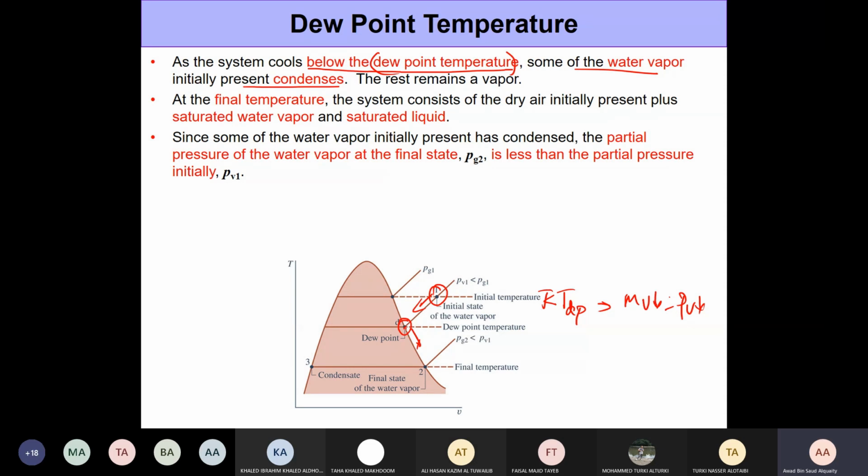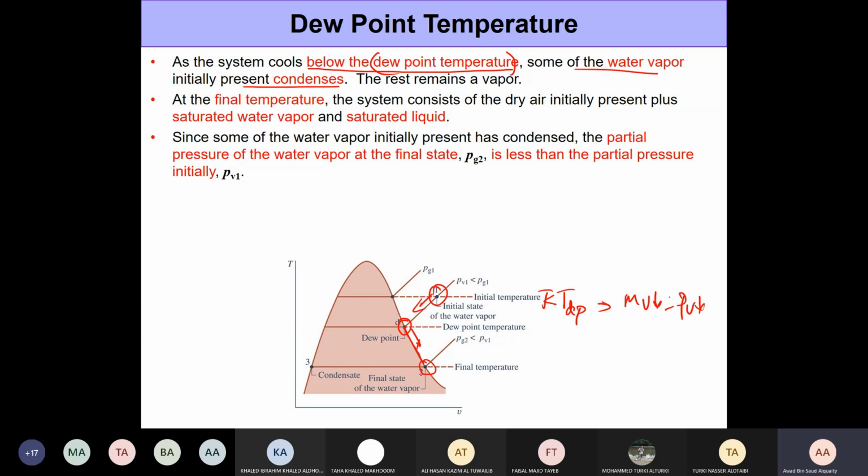Now, it'll continue along the saturation line though. It'll remain saturated, although the pressure of the vapor, or the mass of the vapor, keeps on reducing. So ultimately, when you reach the final state, let's say this is state 2, the amount of water vapor in the moist air has reduced.